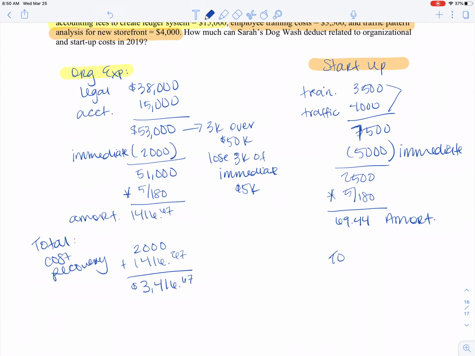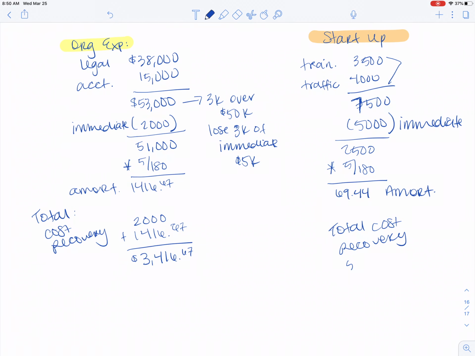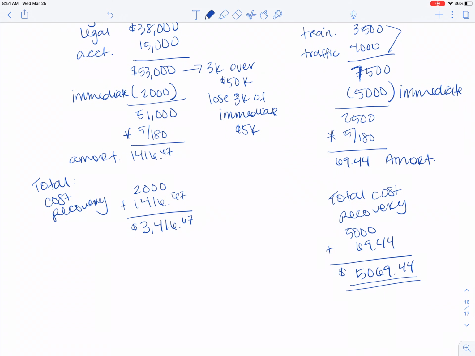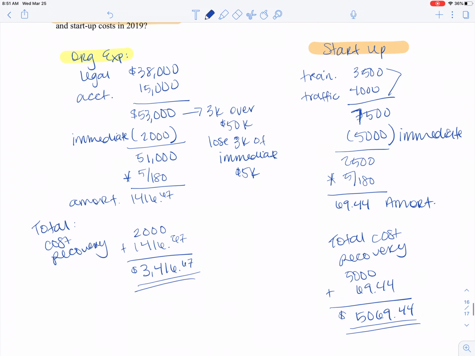My total cost recovery for my startup costs is $5,000 plus the $69.44 for a total of $5,069.44. So I look at these expenses separately, organizational expenditures and startup costs.